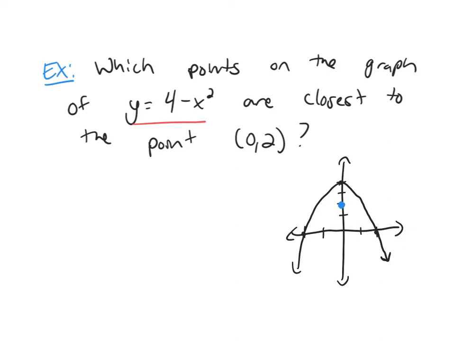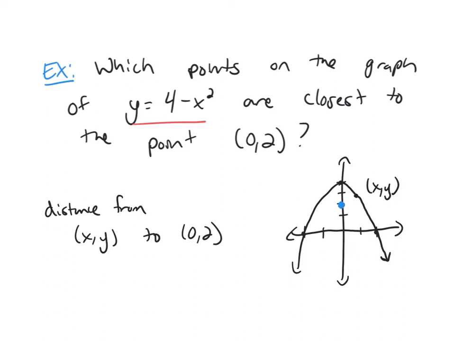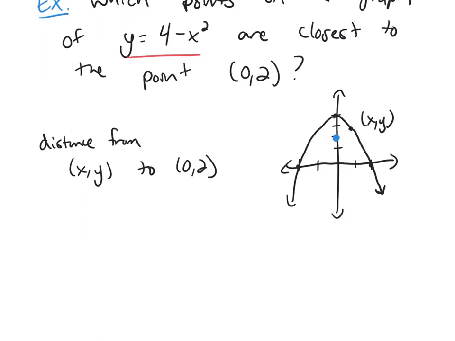So I don't know which point is closest. I'm going to just label it. It's an arbitrary point. Call it xy. And what I want to find is the distance from the point xy to the point 0, 2. So to find that, we're going to use our distance formula.